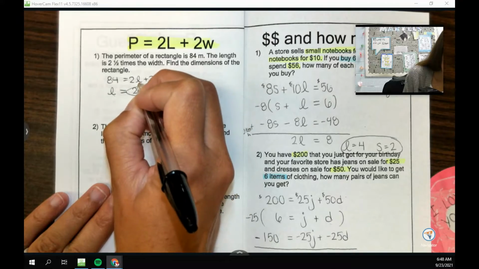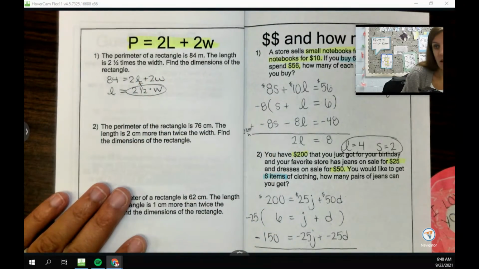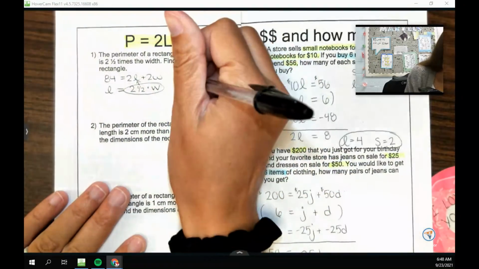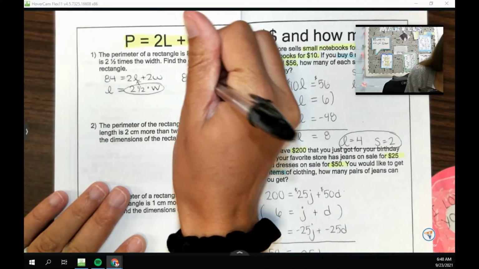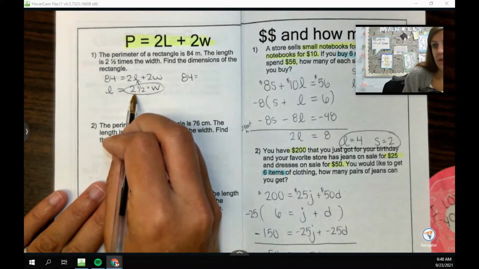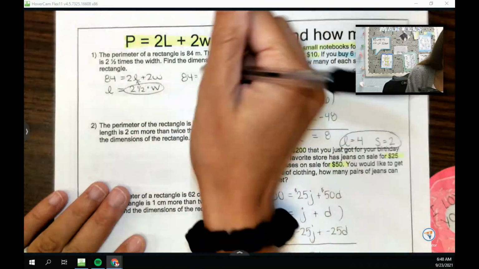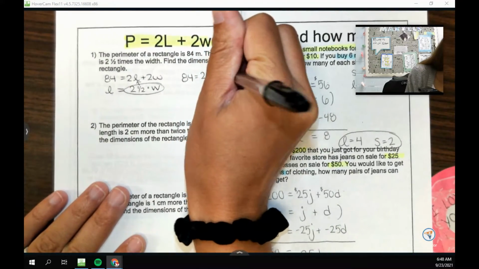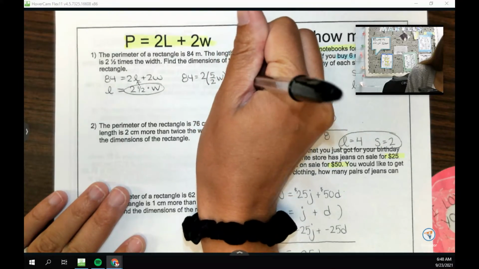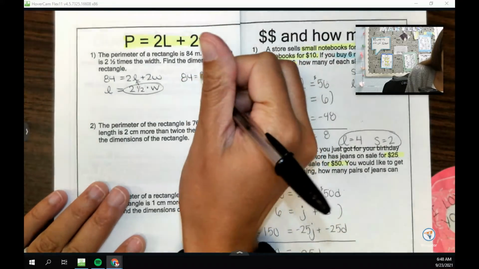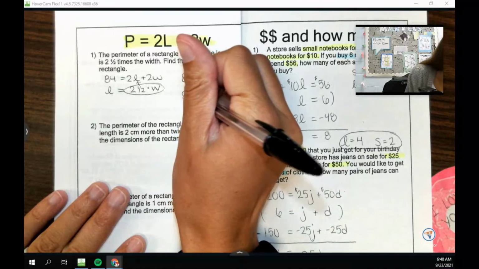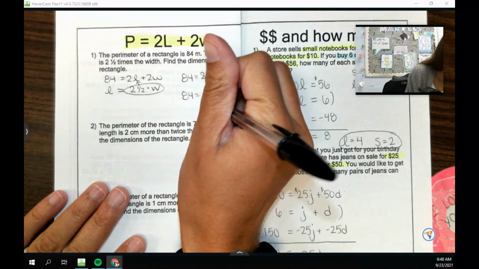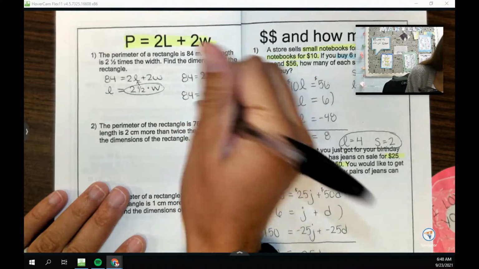So because they told me what the length was, I can plug that in for length right here, and I'll be able to solve because we'll have all W's. So we'll have 84 equals, I'm going to change this 2.5 to 5 over 2, like a mixed number. So 2 times 5 over 2W plus 2W. And that works out really nicely because the 2's will divide out. And so we'll have 84 equals 5W plus 2W.